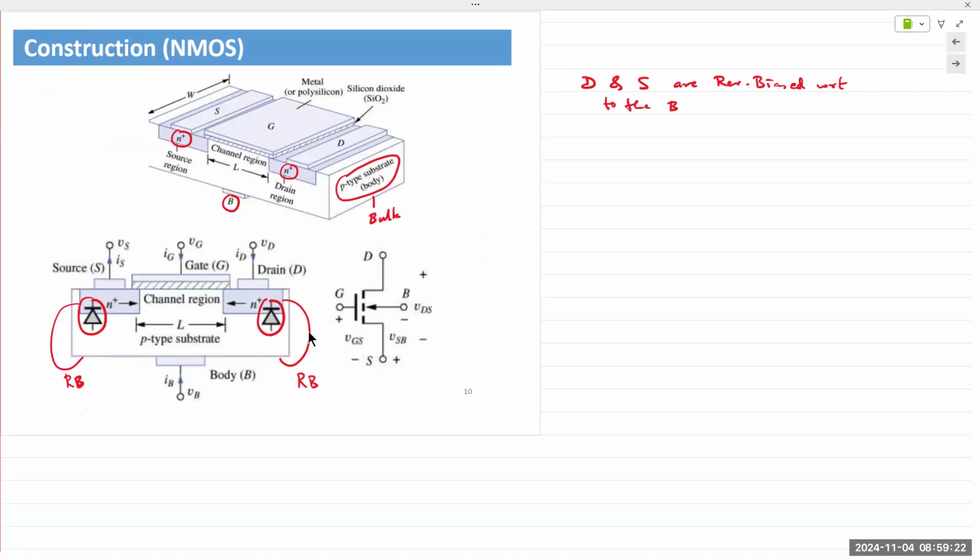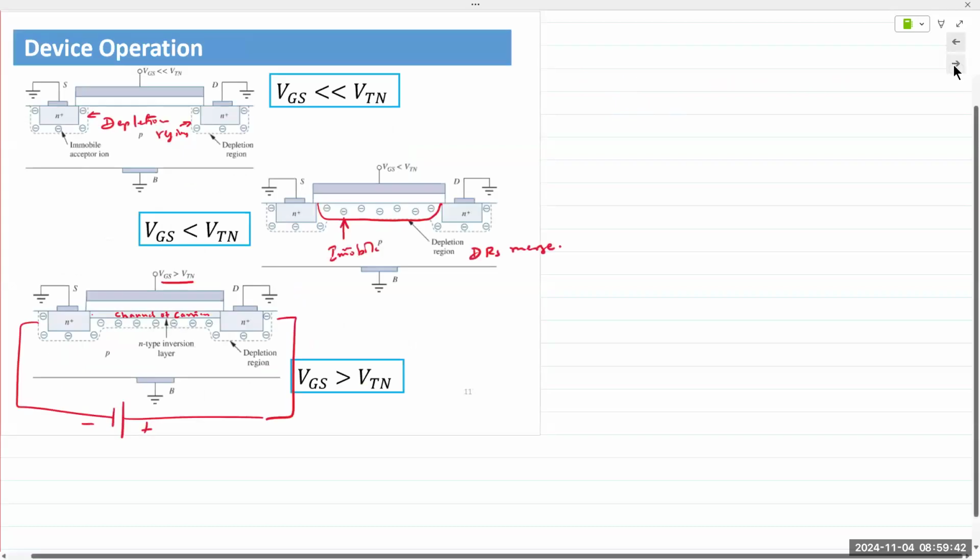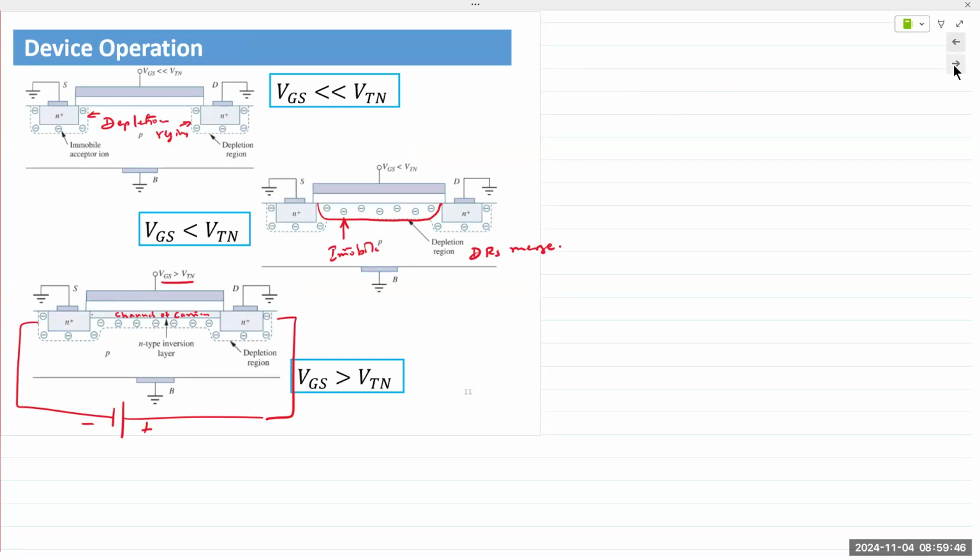In this case, we use the MOS capacitor to create the channel by applying a voltage at the gate terminal. The gate terminal in an N-type MOSFET creates an N channel, a thin sheet of free charge carriers, electrons. Then when you apply an electric field between drain and source, current can flow, or the electrons drift, move in response to the external electric field.